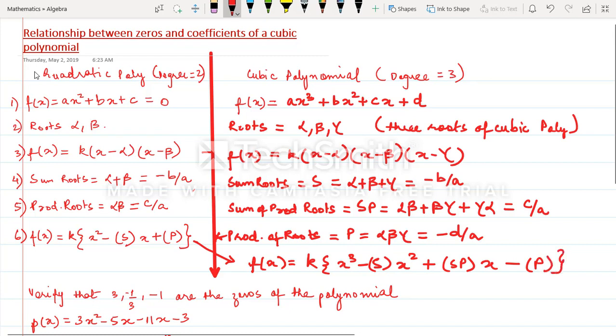And going further, we'll be using these formats described here all over to solve questions pertaining to cubic polynomials.